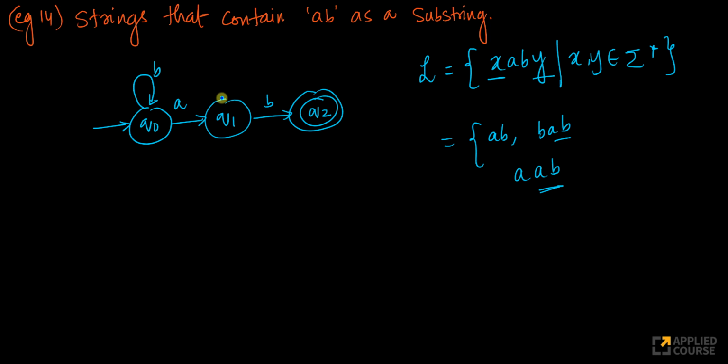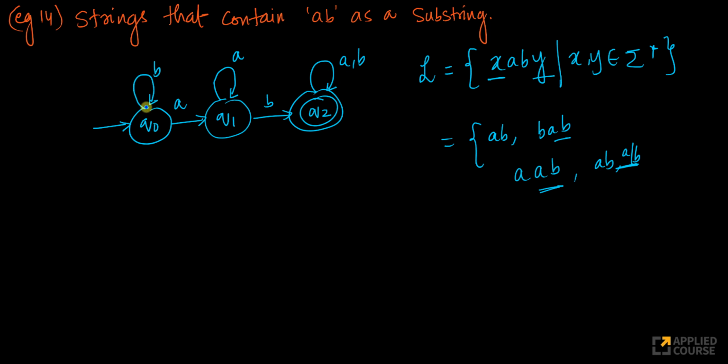Now if I continuously see A again, I should stay in the same state because AB will also be accepted now. Right? So what about AB followed by something? I've already seen AB. If I keep seeing B or A or anything after this, I'll continue to stay in the final state itself.